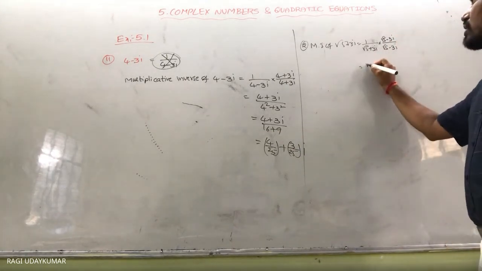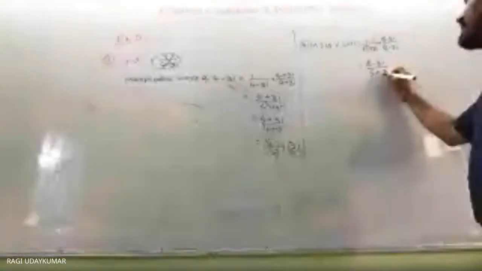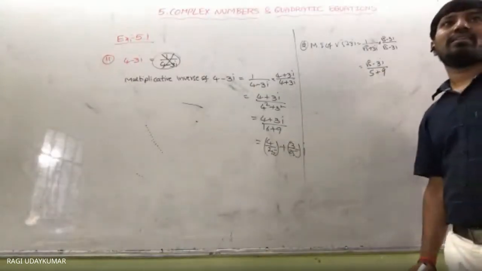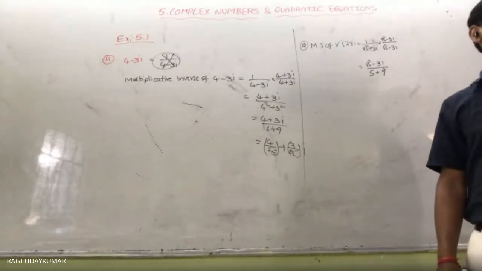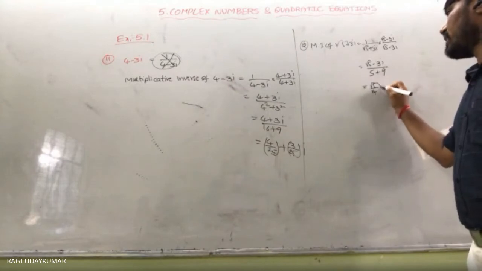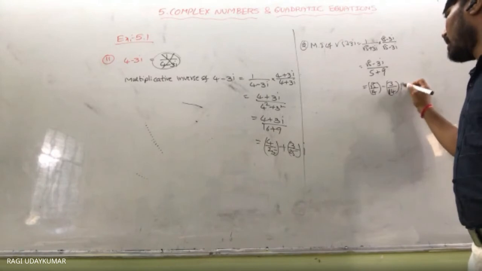So we are going to get root 5 minus 3i by 5 plus 9, it will be 9, not 3. Root 5 whole square is 5 and 3 square value is 9. So which is equal to root 5 by 14 minus 3 by 14 i.